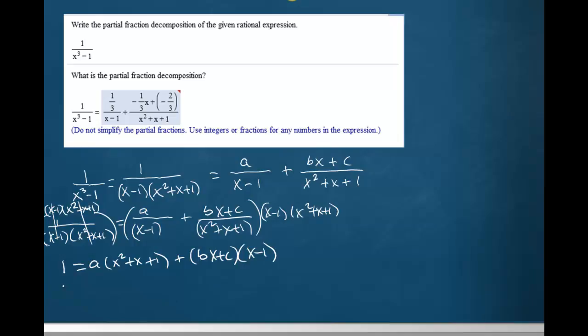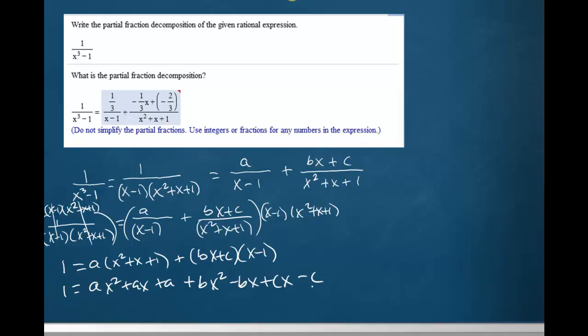So we'll multiply all of this out, and we'll have 1 equals ax squared plus ax plus a, plus bx squared minus bx plus cx minus c.